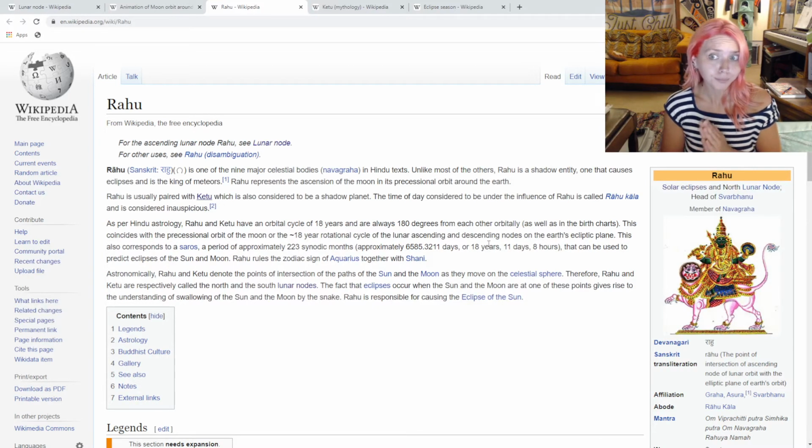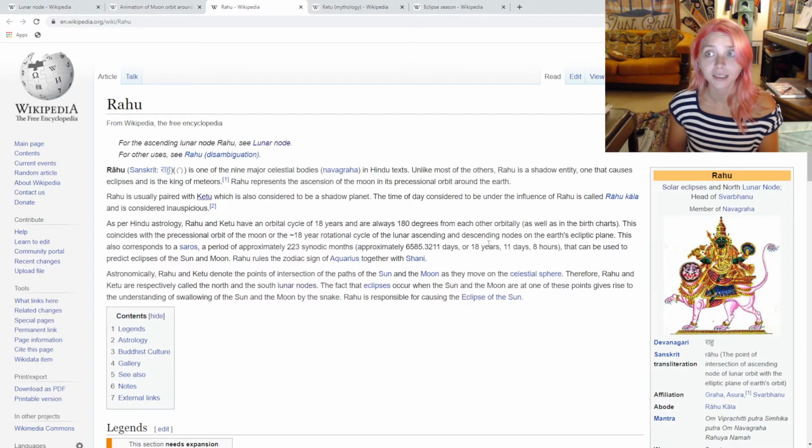When I first started trying to incorporate the nodes into my readings, I started listening to this audiobook. I'll have to look it up and link it in the description because I don't want to misinform you about the title and the author. So check the description for that information.